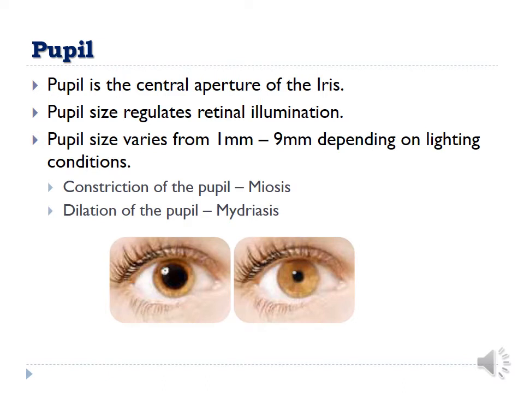Okay, but the size changes from 1 millimeter to 9 millimeter, depending upon the amount of light that comes in. So we already know the function of the pupil is to regulate the retinal illumination. The amount of light that is going into the retina is controlled by the pupil size.